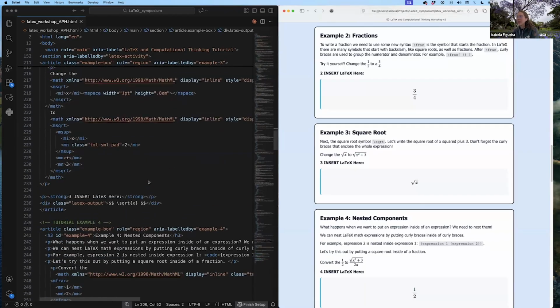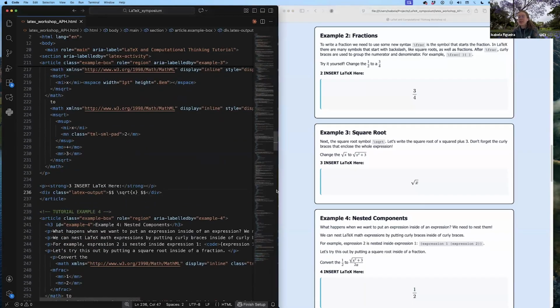So in example 3, on line 236, I invite you to replace the current equation, which is \sqrt of x, with x squared plus 3 inside of the square root. I'll give you a chance to do that yourself. And feel free, if you have questions, to put them in the chat. I can help anyone who has issues with anything.